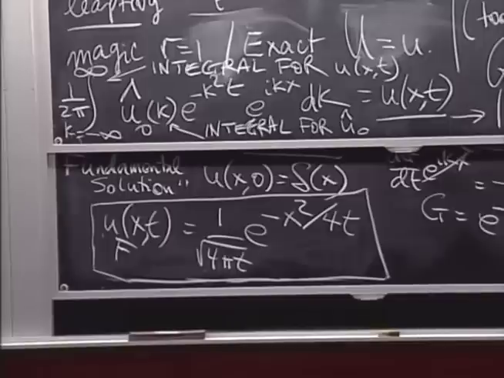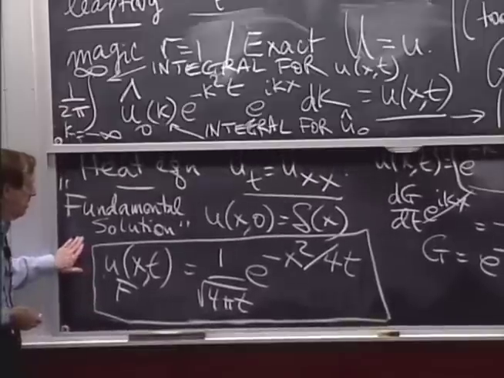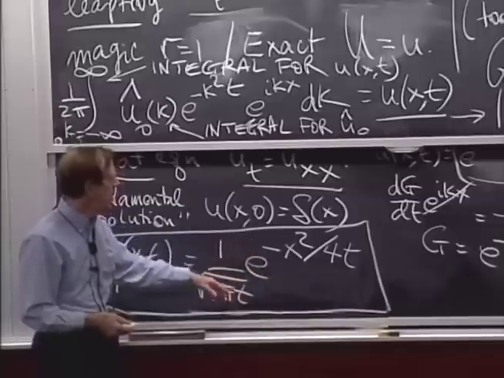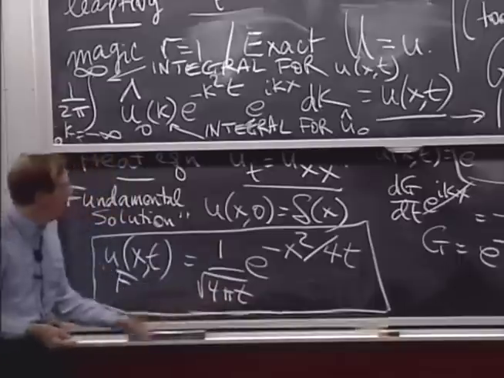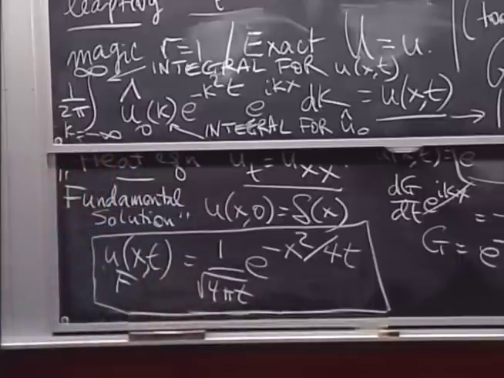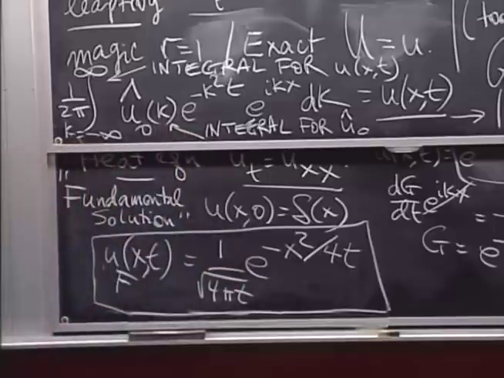Well, it's not a lot of fun to plug that into the heat equation, but it's possible, right? The time derivative is going to be messy. It'll have 2 terms. The x derivative will have 2 terms, and they'll agree. And the notes will give one way to do the integral and get that answer.